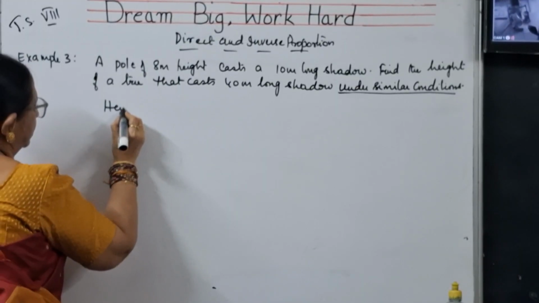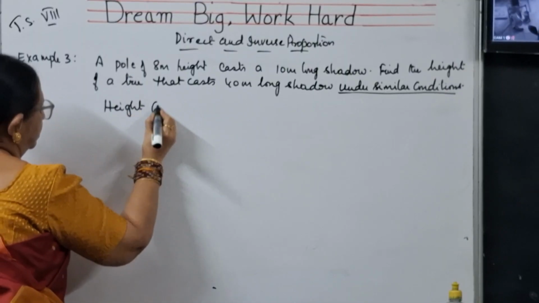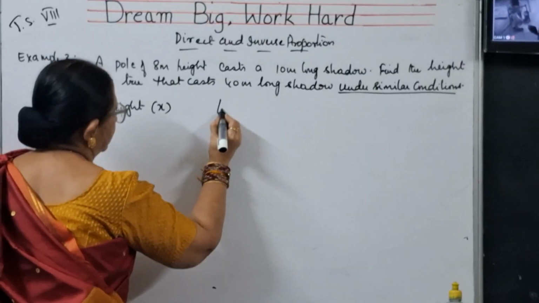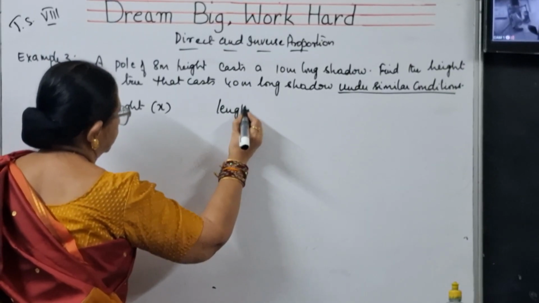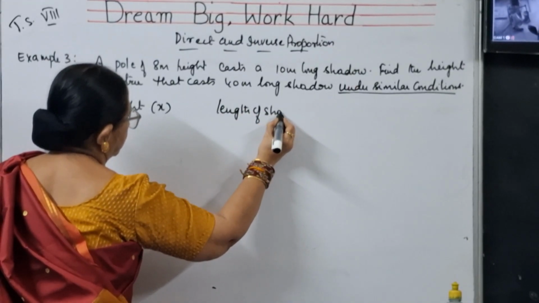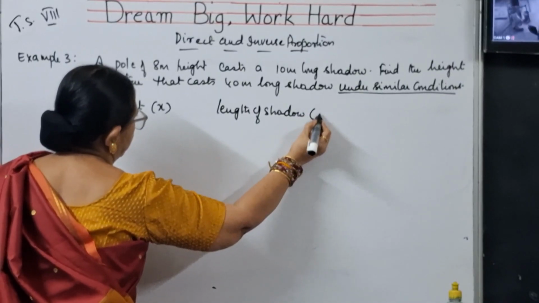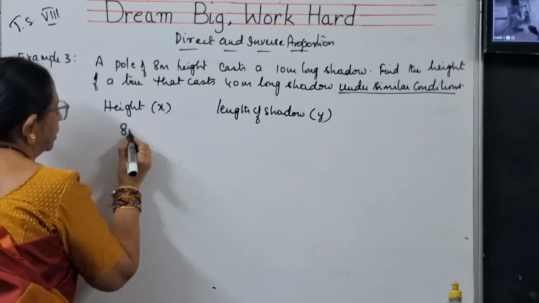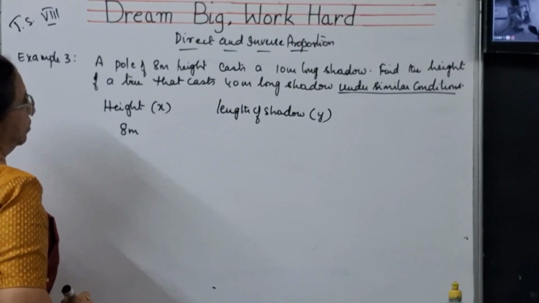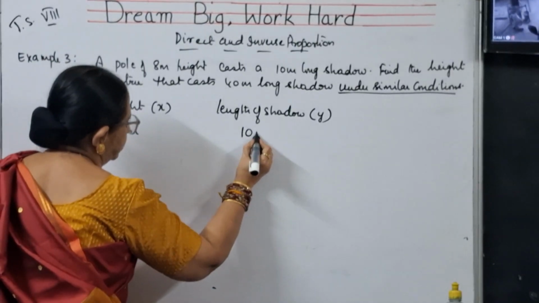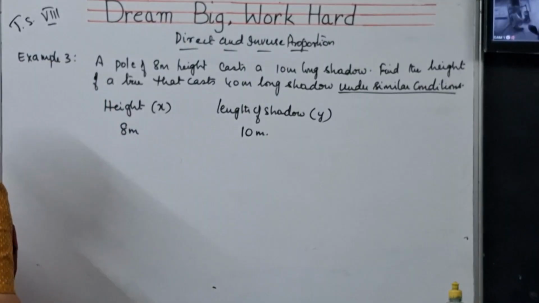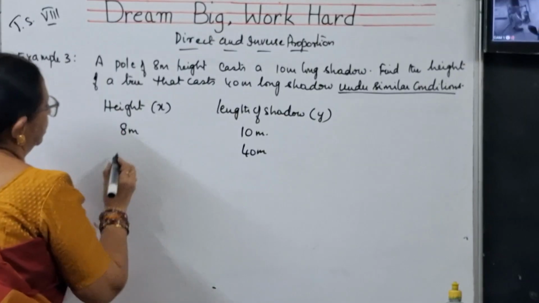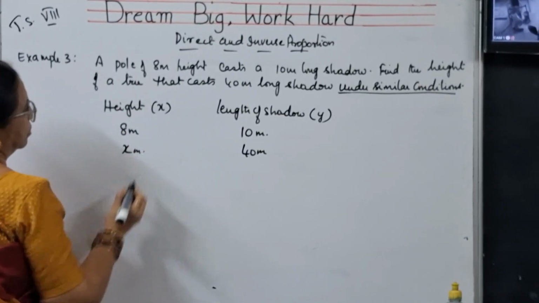We can take height as X, and length of shadow is Y. Now, a pole of 8 meters height is giving a shadow of 10 meters. Now, a tree is giving 40 meters shadow. What is its height? That is X meters.